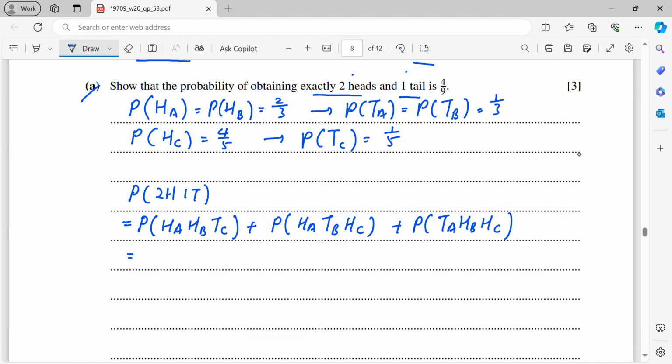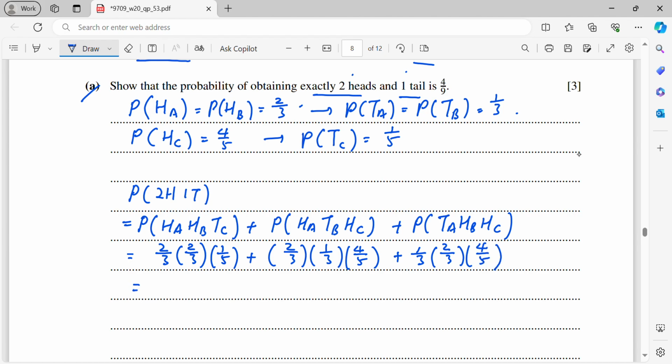HA, HB will be the same, 2 over 3. TC is 1 over 5. Then 2 over 3, TB is 1 over 3, then HC will be 4 over 5. And TA is 1 over 3, HB is 2 over 3 from the information here, HC is 4 over 5.